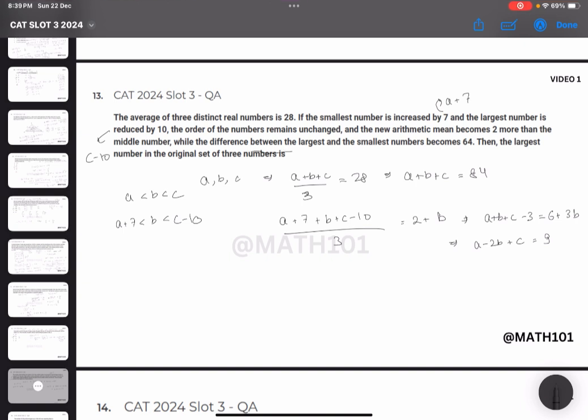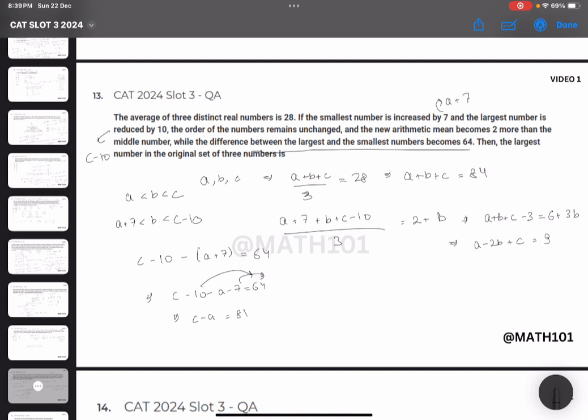While the difference between the largest and the smallest numbers becomes 64. So largest is c minus 10, smallest is a plus 7, which implies c minus 10 minus a minus 7 equals 64. So c minus a equals 17 plus 64, which is 81.